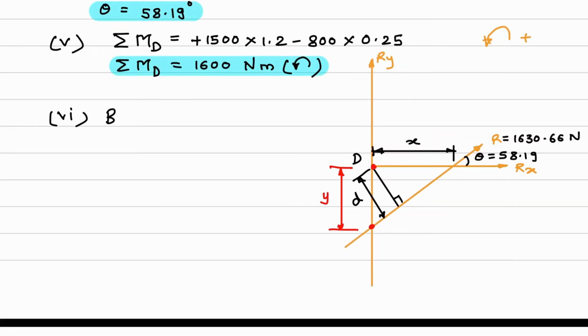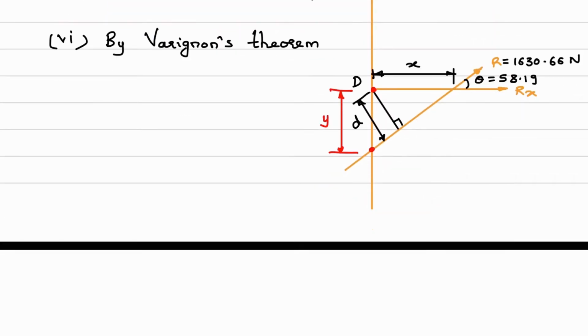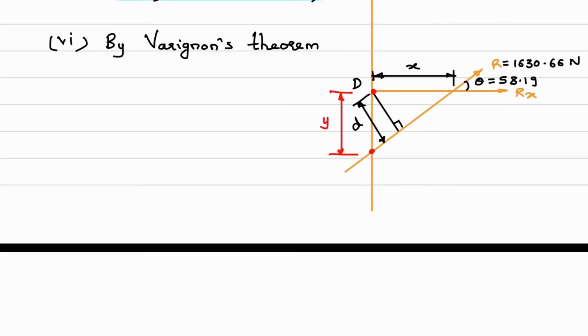By Varignon's theorem, what can we write now? Summation of moment about point D is equal to, if you consider summation Fy, so summation Fy multiplied by x-intercept.